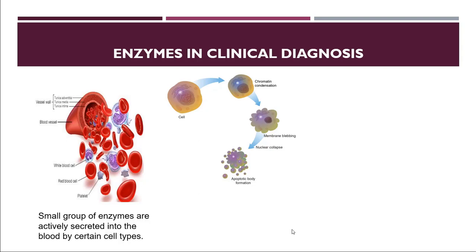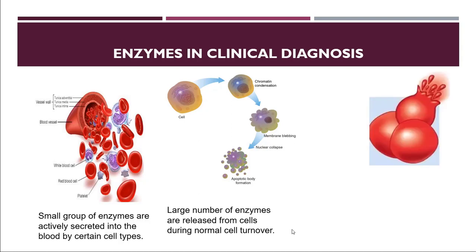Okay, now for example, you are ill and you have some kind of infection that is bursting your cells. If your cells are bursting or going through the process of necrosis, all the enzymes that should be present in the cell are now present in your blood plasma. If we check the blood plasma level of enzymes and they are above a certain level, it tells us that this person is ill.